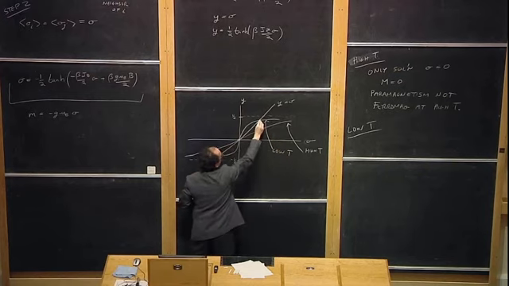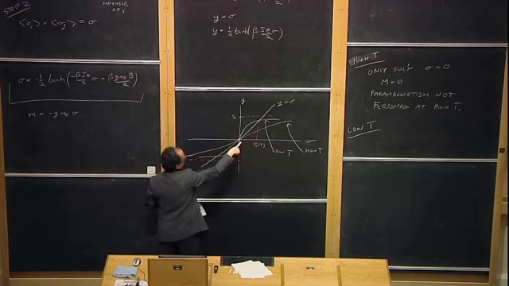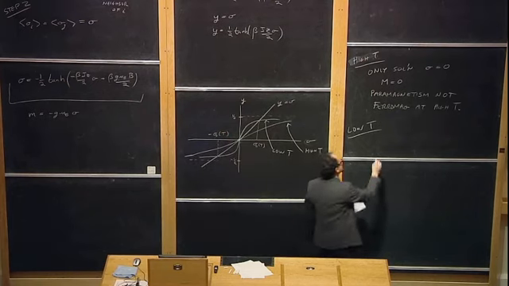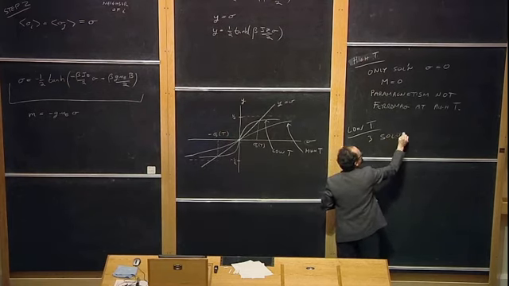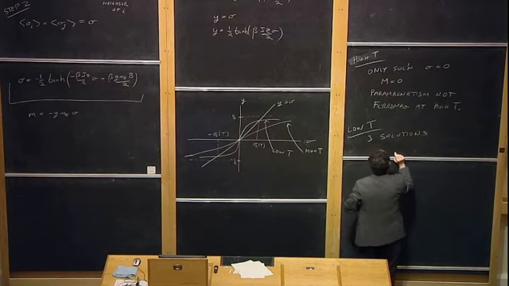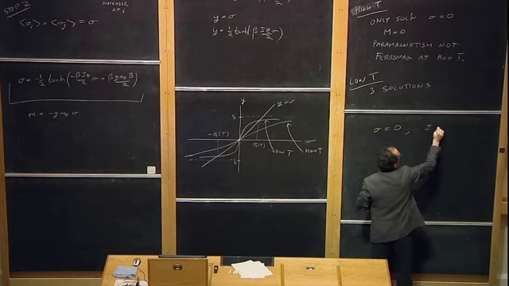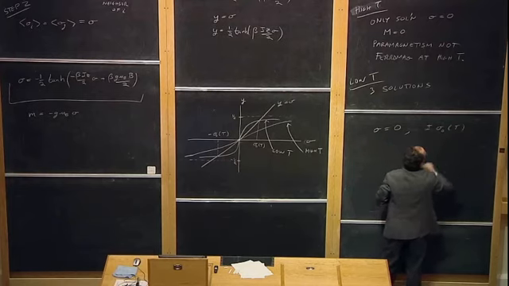We have a solution here, which we'll call sigma naught of T. There's a solution at 0, and then there's a solution here, which we'll call minus sigma naught of T. So we get three solutions, which are sigma equals 0, and then plus or minus sigma naught of T, which are non-zero.